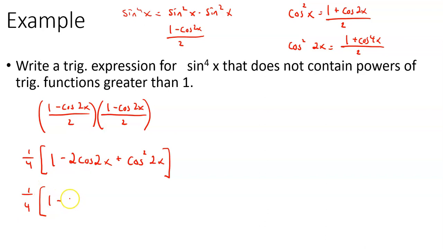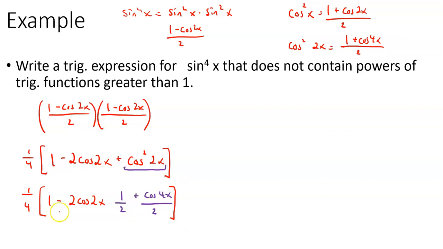So I carry down my 1 minus 2 cosine 2x, and then I replace that cosine squared of 2x with a 1 plus cosine 4x over 2. But I'm going to use the same trick that I did in the last one, which is, instead of putting them all over 2, separate them into 2 parts.